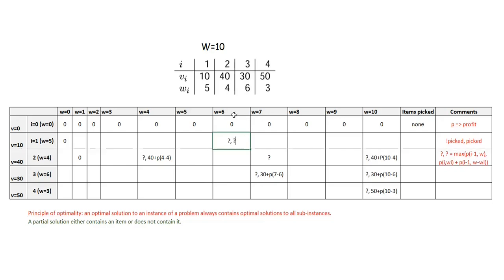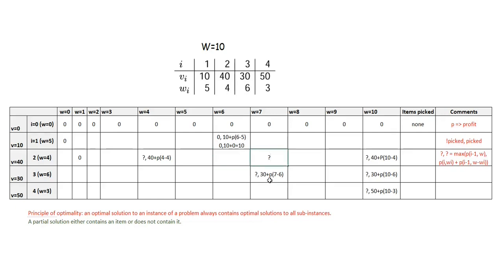If we don't pick up an item, that is 0, we have a solution for the first one. If we pick up an item, it is going to be a profit of 10 plus profit of remaining weight, which is going to be 6 minus 5. So P6 minus 5 is P1, which is 0. So we have resolved this, either 0 or 10 plus 0. It is giving us 10.